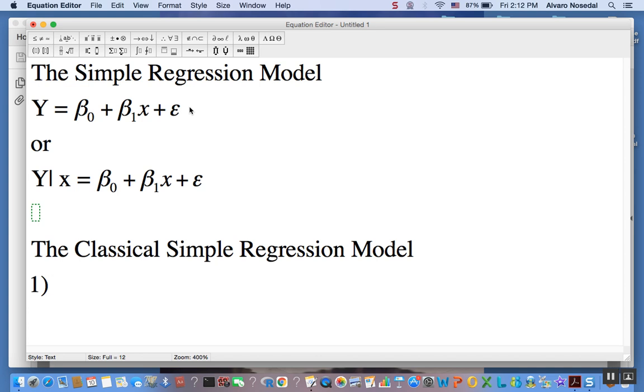And these values represent a random sample from the population of possible values at each level of x.